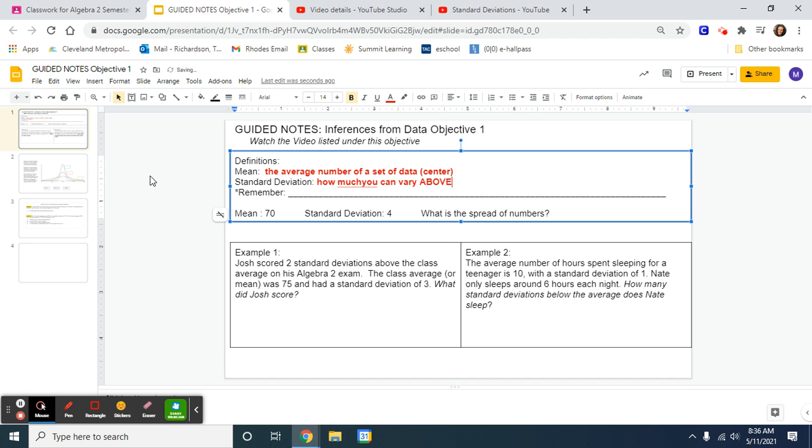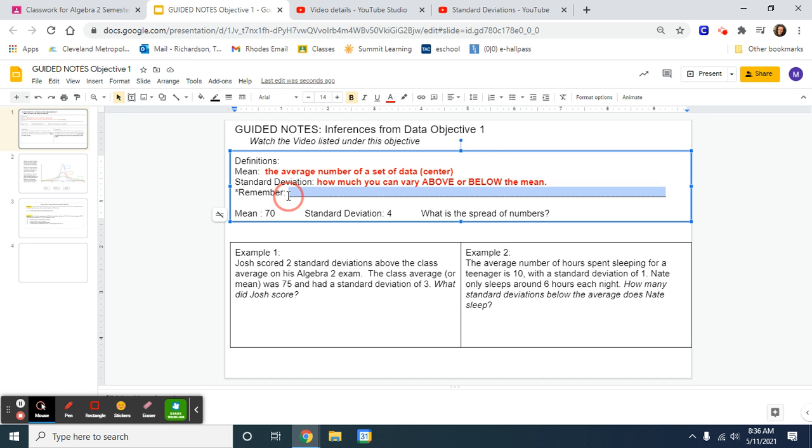And then the key things here are above or below. And I'm going to put those in all capital letters. The mean. So this is how much you can vary above or below this average, the mean. Okay.